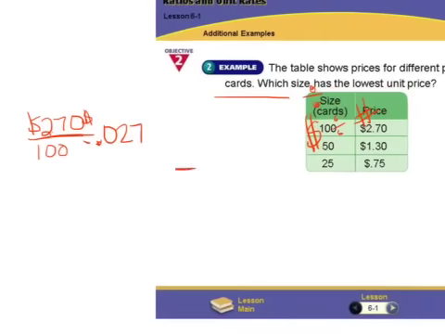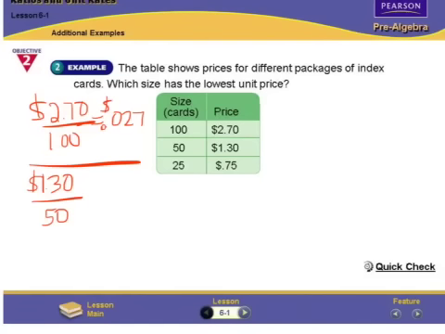The next one, well, that doesn't work, does it? Hold that thought. Okay, let's try this one more time. We're going to take $1.30 divided by the 50 cards in this pack, and that would give us 0.026.